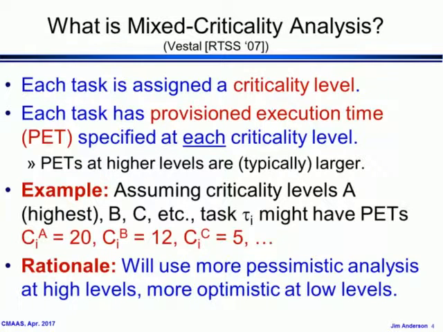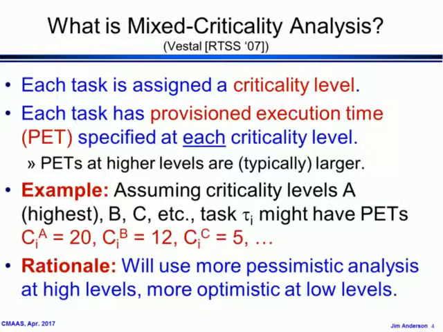Under mixed criticality schedulability analysis, instead of 1 worst-case execution time parameter, a task has a set of execution time estimates. We call these things PETs, provisioned execution time. And this is a thing that's of relevance in a system with multiple criticality levels. This was proposed by Steve Vestal when he was working in the avionics industry at Honeywell.